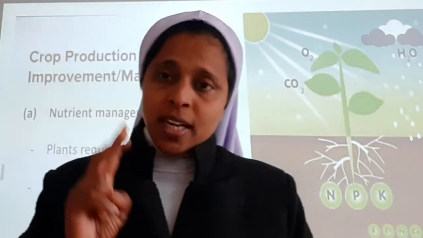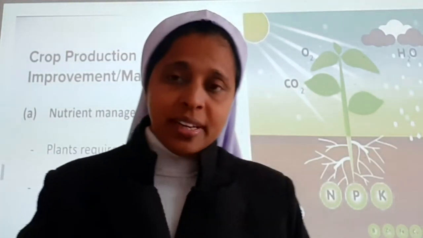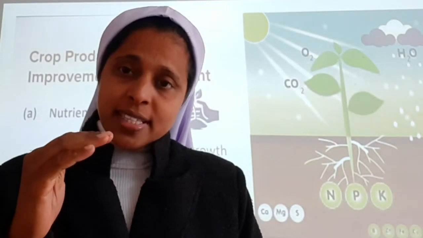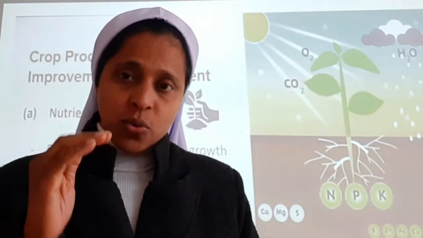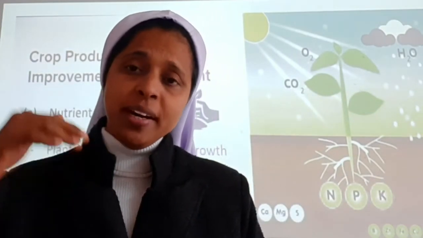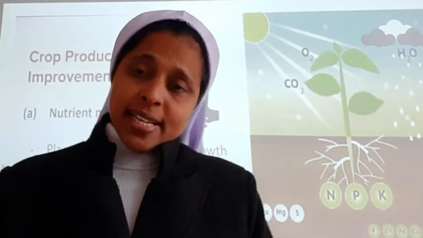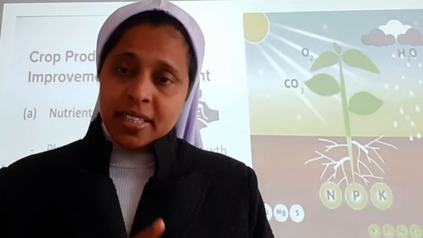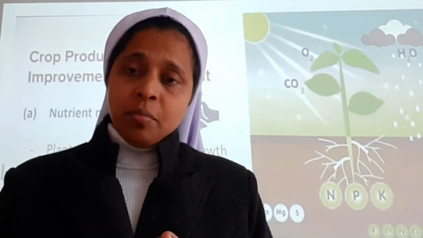Here we will be learning about two types of nutrients, micronutrients and macronutrients. Micronutrients are the nutrients required in lesser amounts, and macronutrients are the nutrients required in larger amounts. What could be the examples? Micronutrients: iron, copper, zinc, molybdenum.